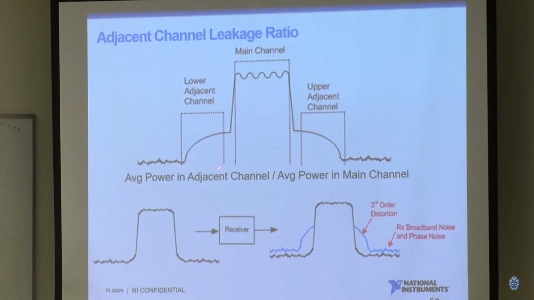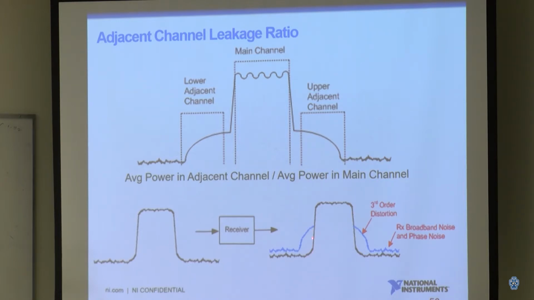So another thing is adjacent channel leakage ratio. Remember, let's say we have a CW modulation signal. The main channel is the bandwidth we try to capture, right? But there is also an adjacent channel, like the upper adjacent channel and the lower adjacent channel. So assuming you have a perfect signal going to the receiver, but when your receiver is doing the signal analysis, it's not 100% able to recover the original signal.